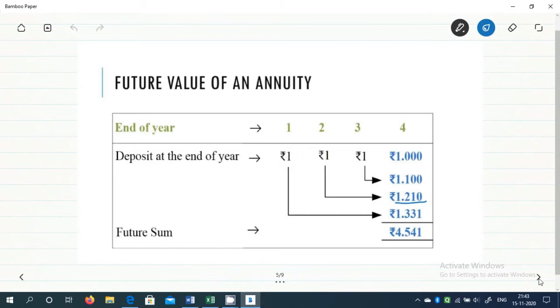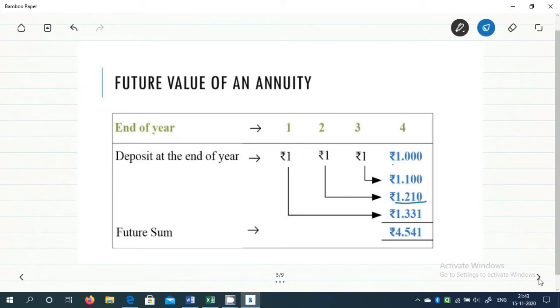See, on the end of the year, I have taken 1, 2, 3, 4. In the last year he is investing 1 rupee, and he has not received any interest on this. In the previous year, he has accumulated interest for 1 year, with the rate of interest at 10% as I have calculated here. So P into 1 plus I to the power 1.